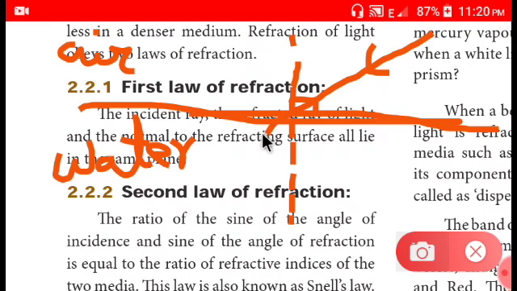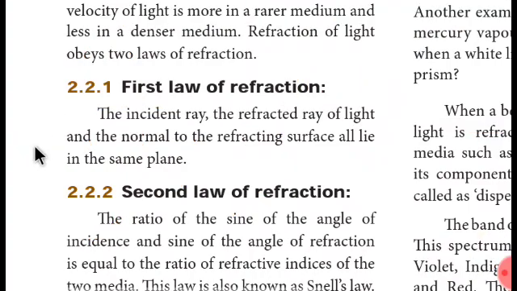As usual this might travel in this path, but due to refraction this will travel in this path. This is the refracted ray, this is the incident ray, and this is the normal. If you take note of this, all these three, the incident ray, the normal, and the refracted ray, lie in the same plane, that is the interface between two media. That's what they are saying in the first law of refraction.